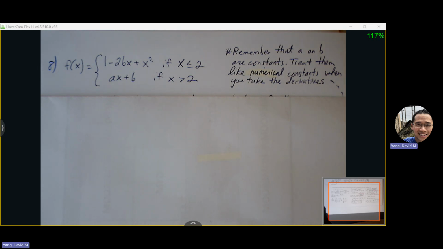So see if all this makes sense from what we did yesterday. And then in both sets of equations, we're replacing every x with 2, because that's the potential breaking point of our graph, right? That's the x value in question. We want the connection and the smoothness of the graph to exist at 2.